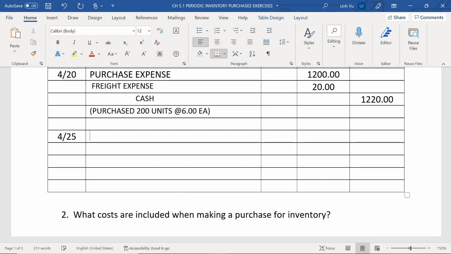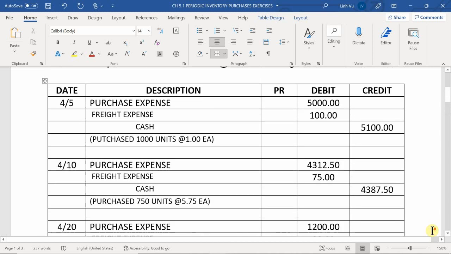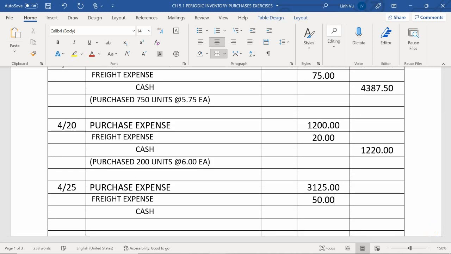April 25th, with a purchase expense of $3,125 and the freight $50, which is 3,175.